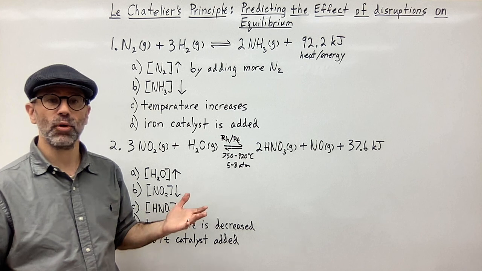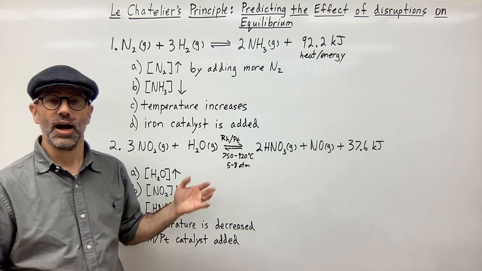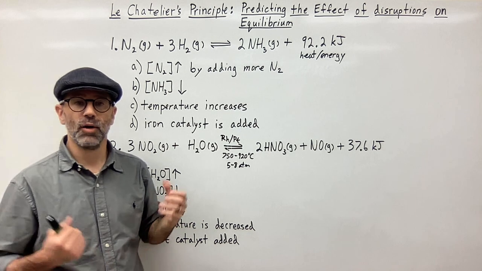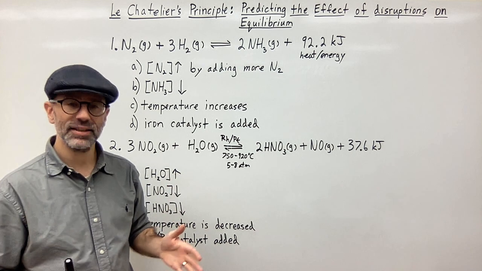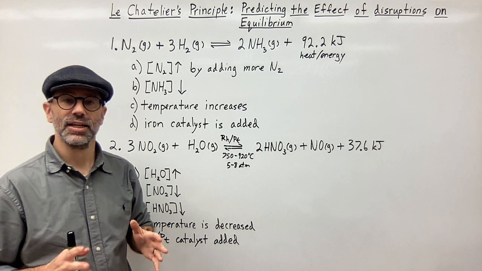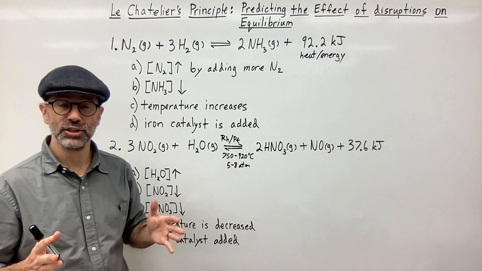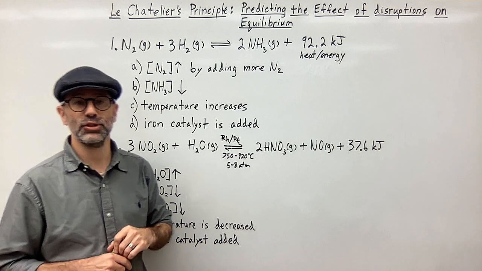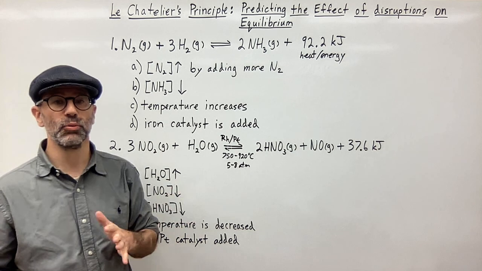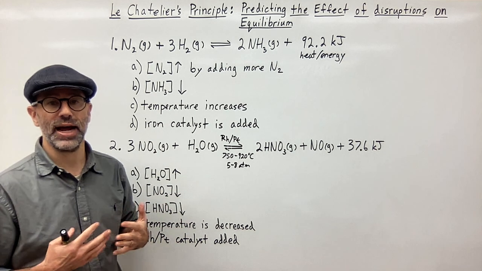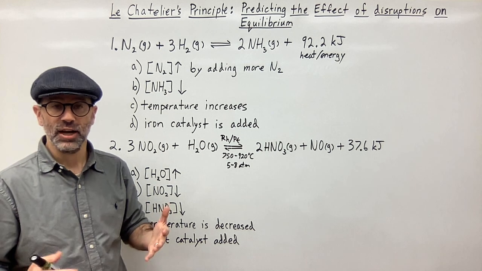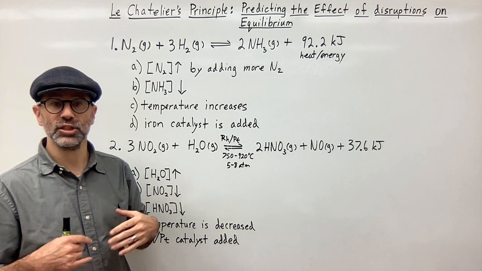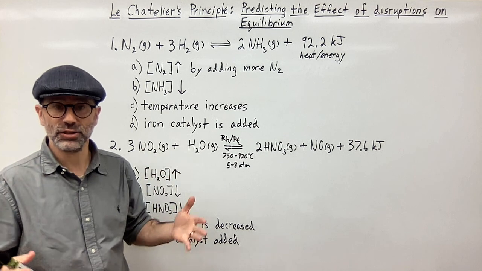And from the point of view of the forward and reverse reactions, catalysts affect the speed of both reactions, right? A catalyst is not going to shift the equilibrium one way or the other. It just allows the reaction to reach equilibrium faster. So it's not going to change the equilibrium.